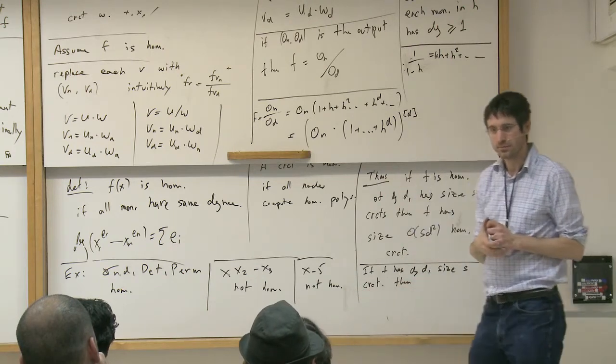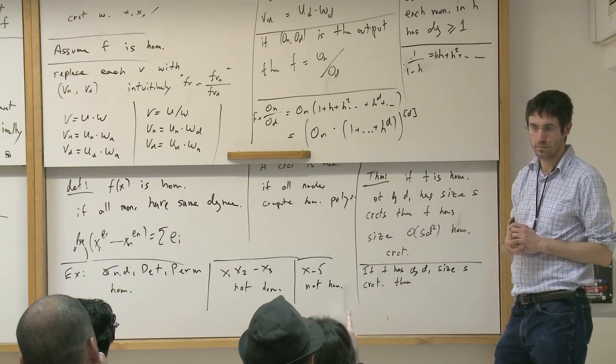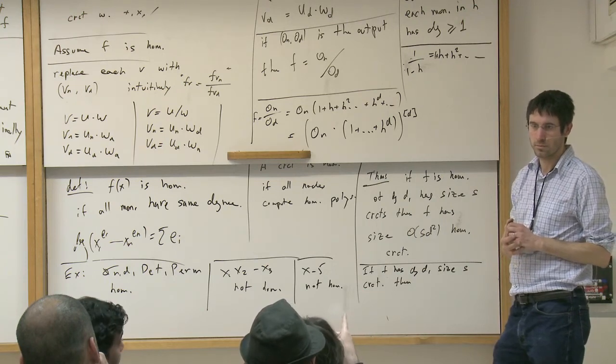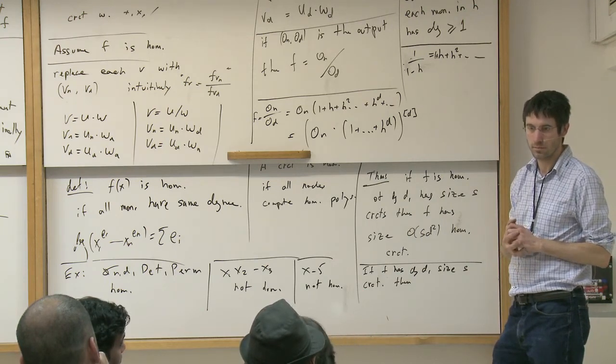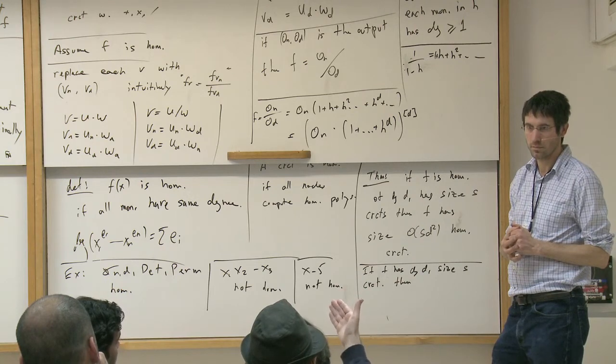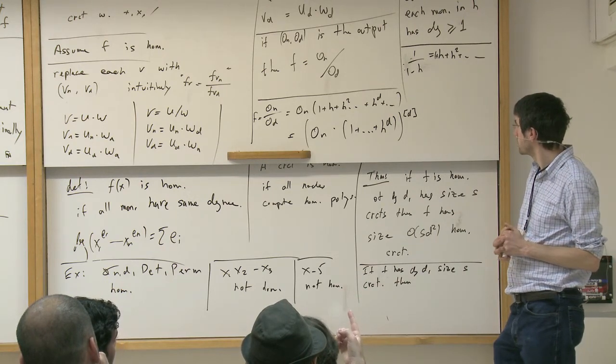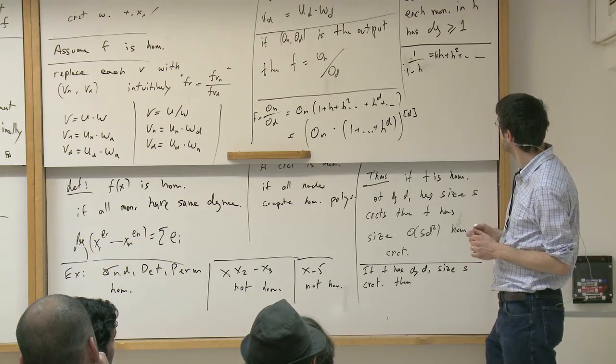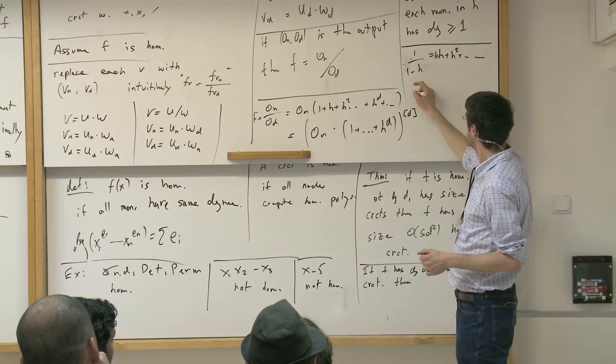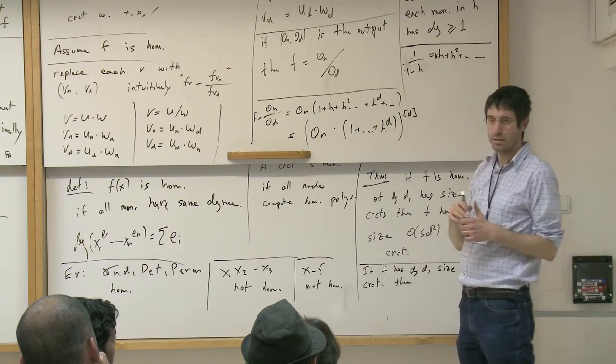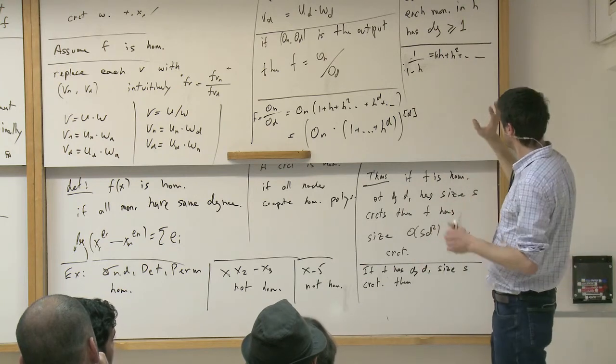Yes? About this power series 1 over 1 minus h. So we are talking about symbolic formal polynomials. So assuming h is x, it's not precise. Y is 1, it's a rational function, 1 over 1 minus x. Yeah, I mean, it's okay. So, right.